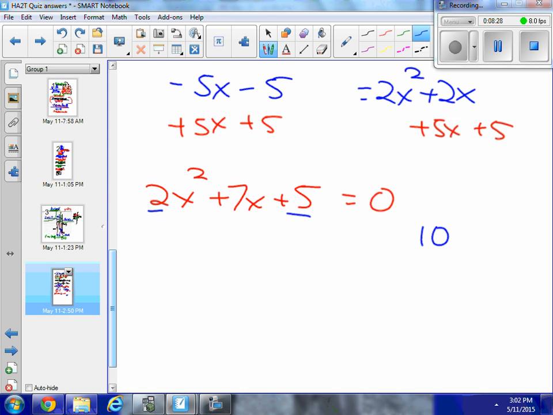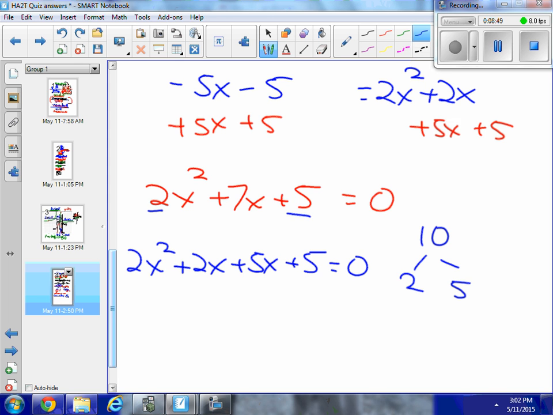And are there factors of 10 which when I add them together are going to be equal to 7? I can see pretty quickly that that's 2 and 5. So I'm going to change this to 2x squared plus 2x plus 5x plus 5 is equal to 0.